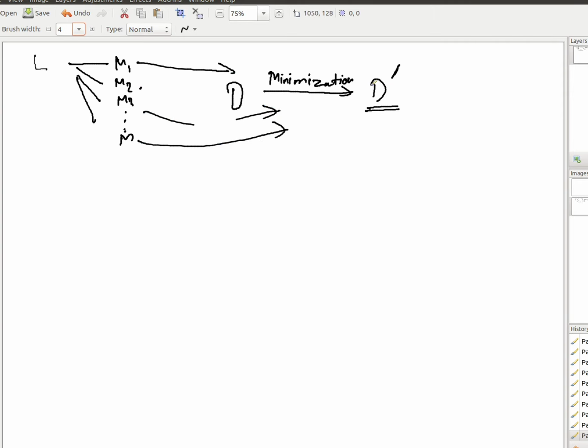The symbols might be different, but the number of states and the transitions will have a one-to-one correspondence between each of the minimizations of these instances. So let us start with this DFA minimization.